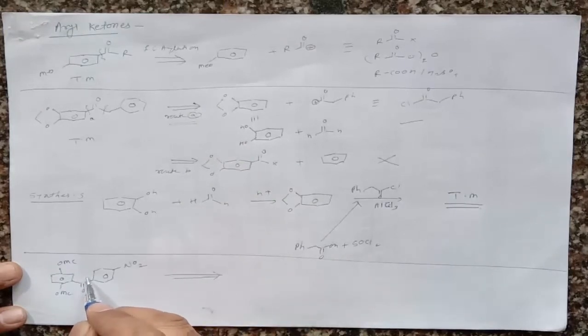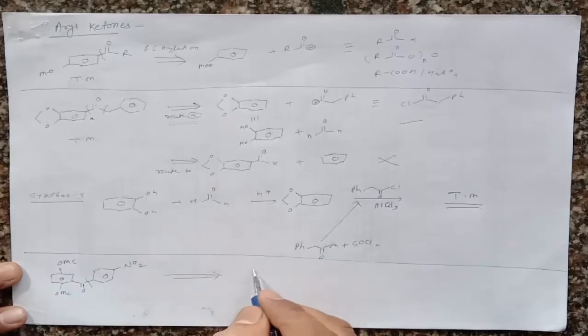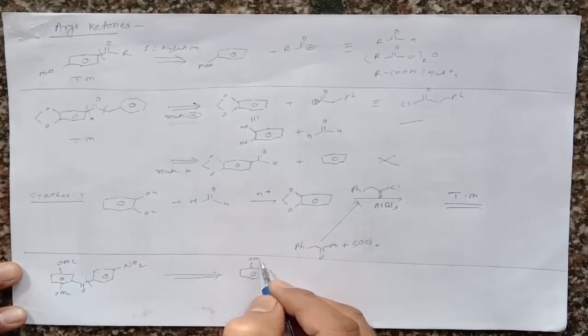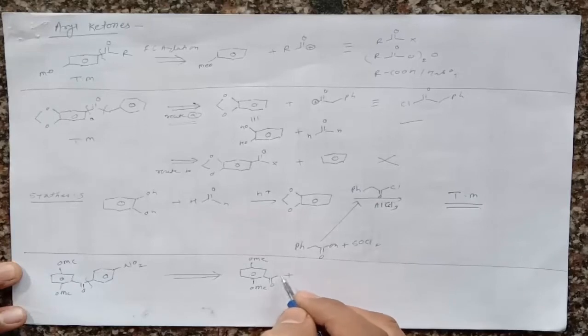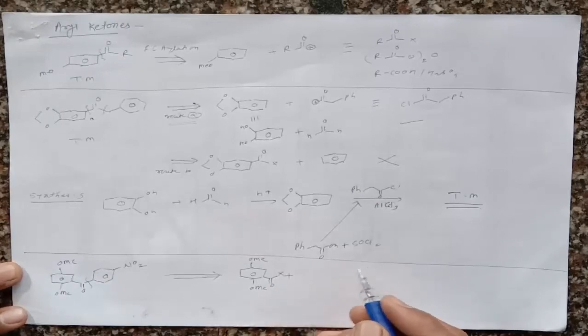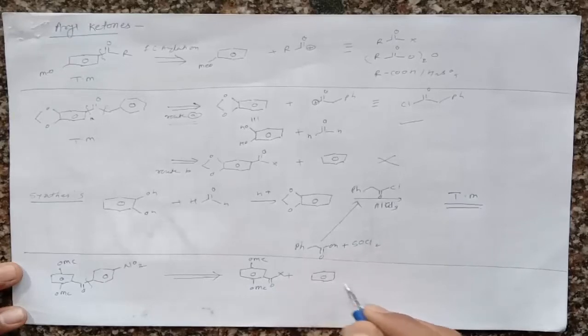Suppose we break the molecule at this position, it gives formation of a compound like this, that is OMe plus here is a carbonyl functional group, and we can substitute X as a functional group, and the remaining group is nitrobenzene, NO2.